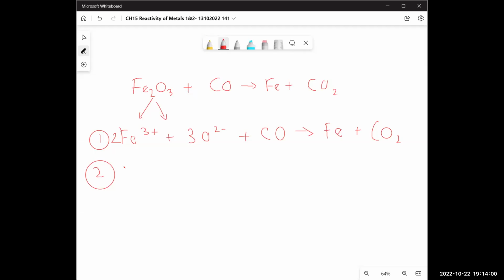The half equation. Half equations, yes. Fe3 plus, plus 3 E minus.